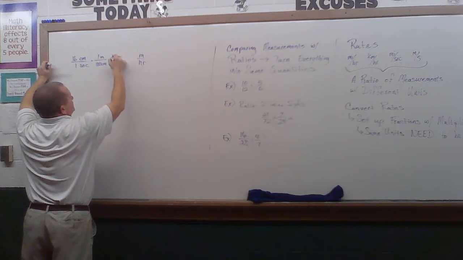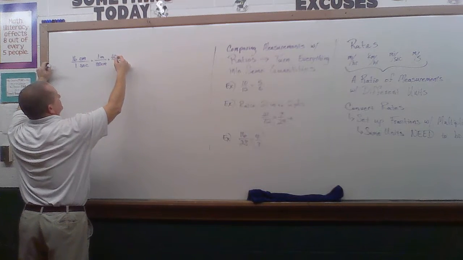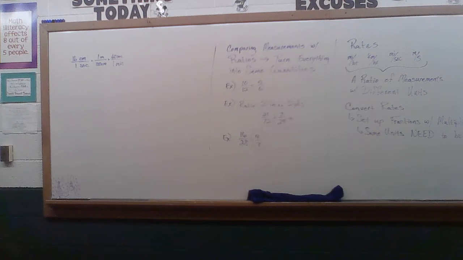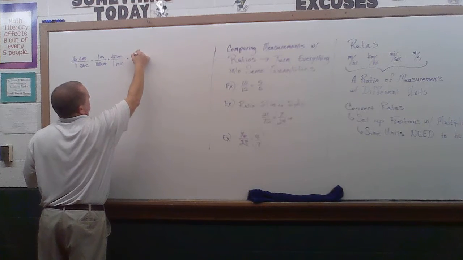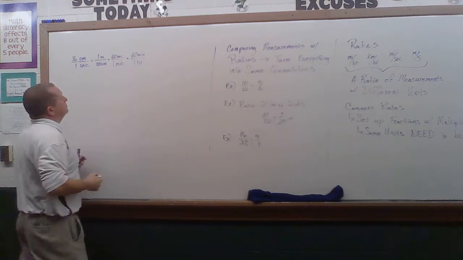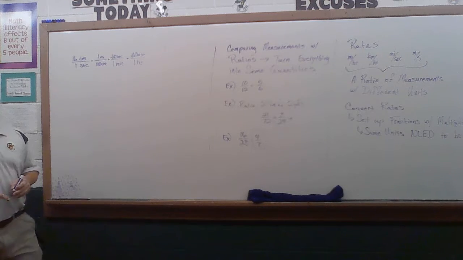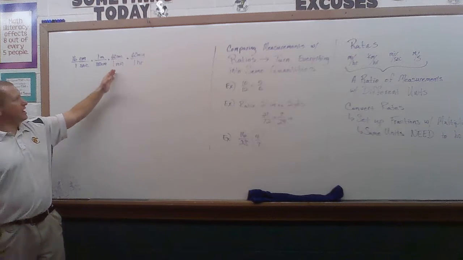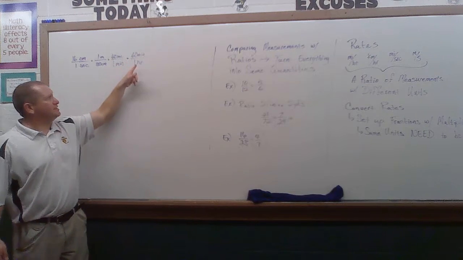So I'm going to do it this way just to show you, in case you didn't know what that relationship is. So for instance, if I didn't know, or you didn't know, that there was 3,600 seconds in an hour, then I'd have to break it down like this, where I'm showing 60 seconds per minute, and then how many minutes are in 1 hour.